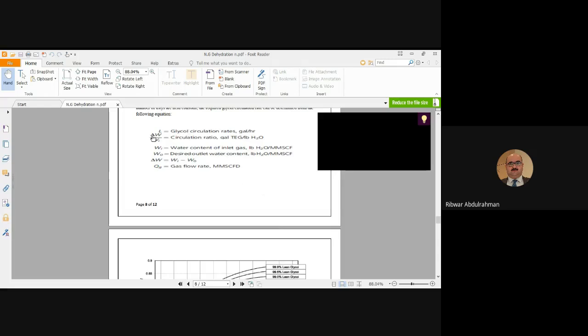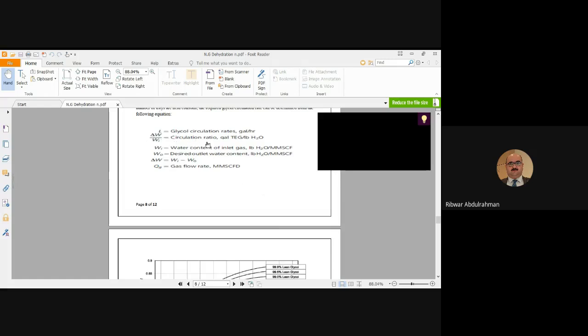We also have delta W over Wi. Let's say this is a ratio; they call it the circulation ratio, and I will also explain these terms.